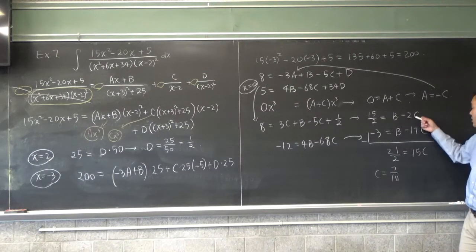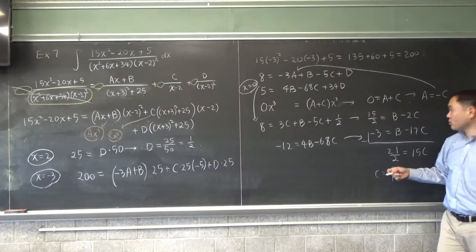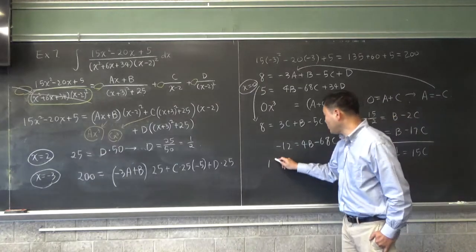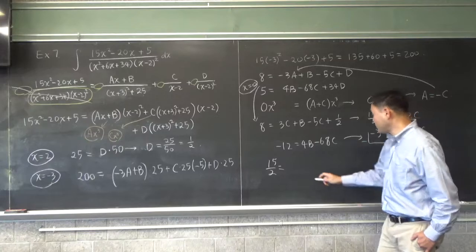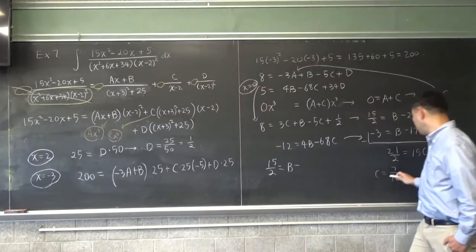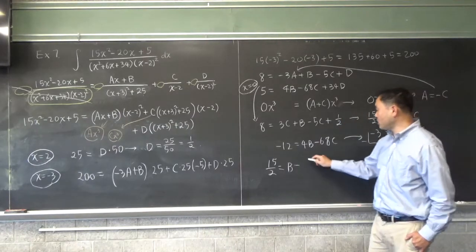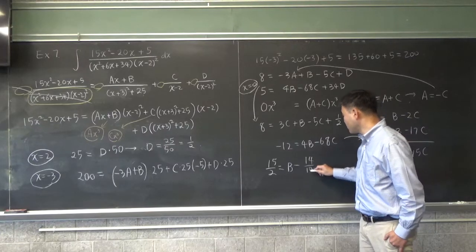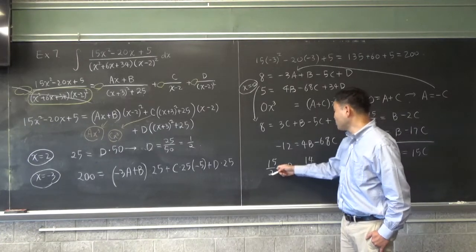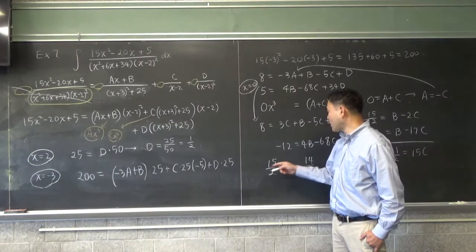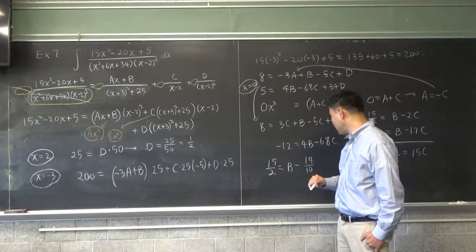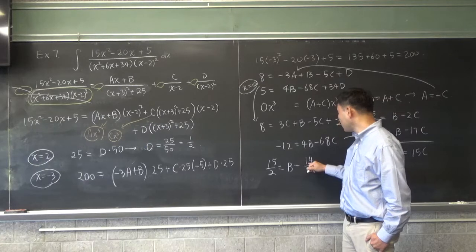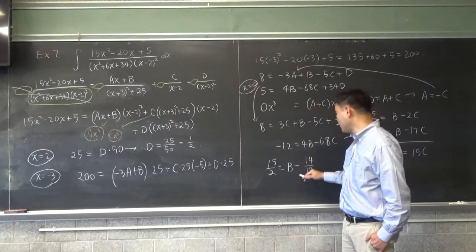Plug that back in here so that you get 15 over 2 equals b minus twice of 7, which is 14 over 10. Move that to the other side. This is 5 times 15 is 75 over 10. 75 plus 14 is 89 over 10.